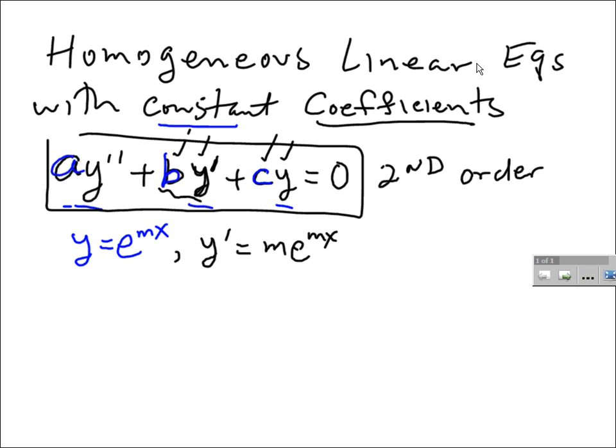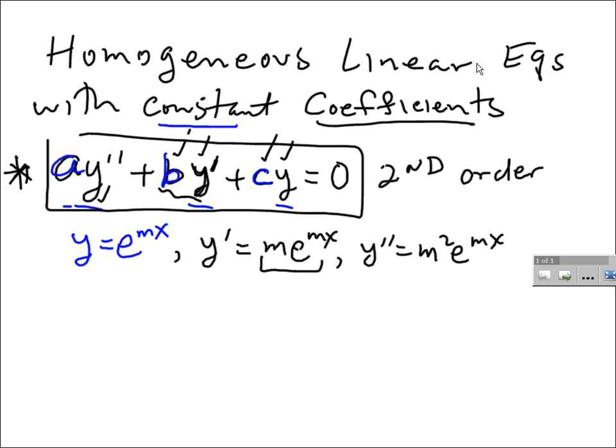So now I need y double prime. To get y double prime, you take the derivative of y prime, and you'll get m squared e to the mx. Now, you substitute this into our equation. I'm even going to put a star here.